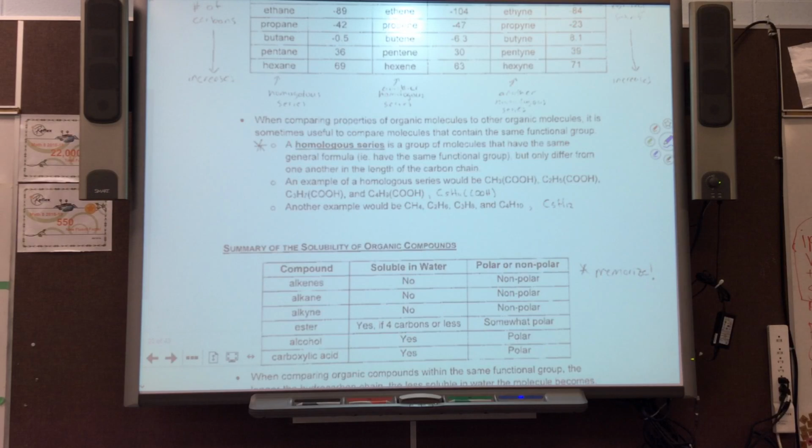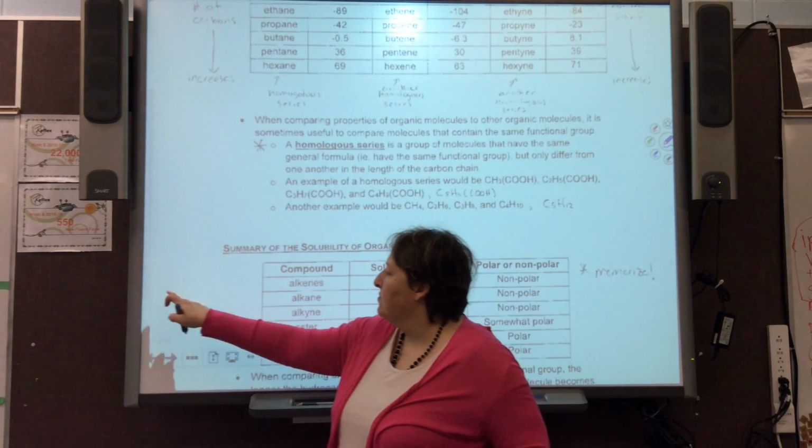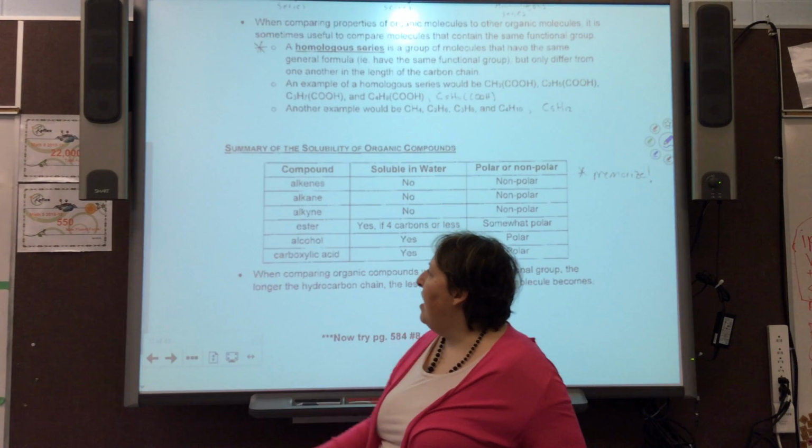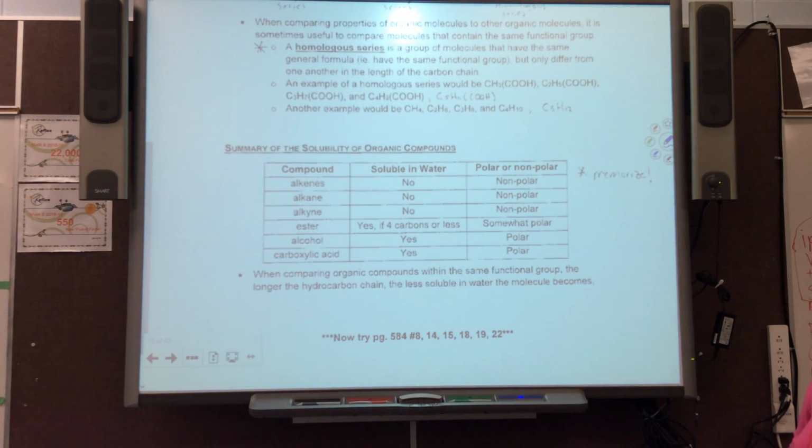Solubility of organic compounds. Alkanes, alkynes, and alkenes are not soluble in water because they've only got carbon and hydrogen bonds. Remember back to Chem 20, there are 3 elements that we can put on a hydrocarbon that make it polar, that make them have fun: fluorine, oxygen, and nitrogen, FON. Remember that? I tell you these things for a reason.